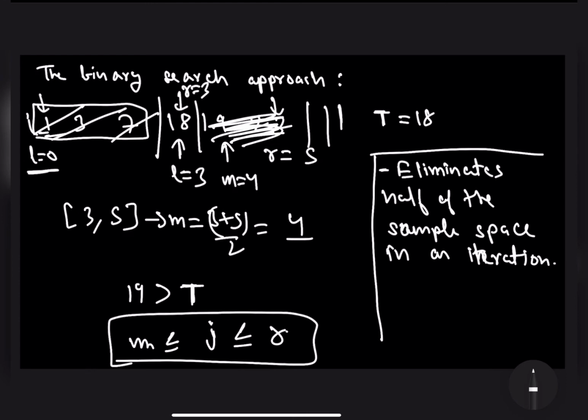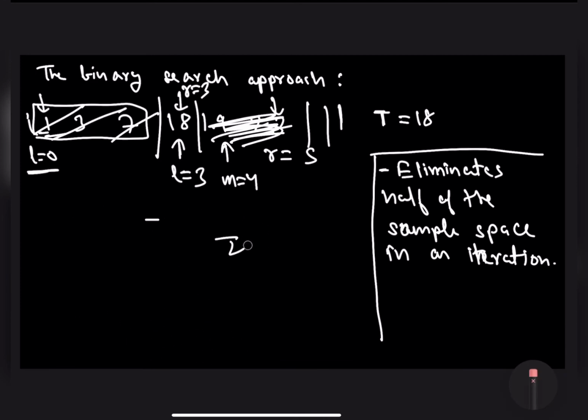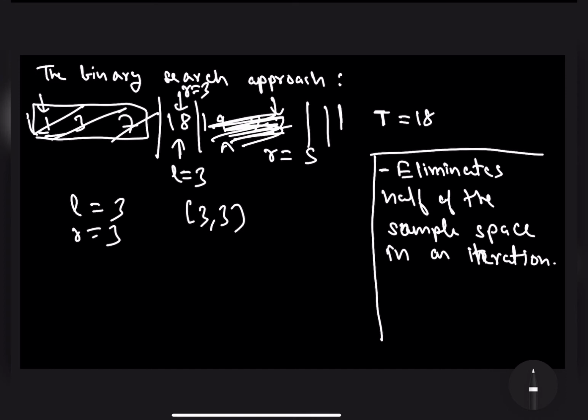Now this is my last iteration over here. All right, so I'll just clean this up again. Now L is equal to 3 and R is equal to 3 as well. So my sample space is 3 to 3. Then the new value of M will be (3 + 3) / 2, that is 3 itself.